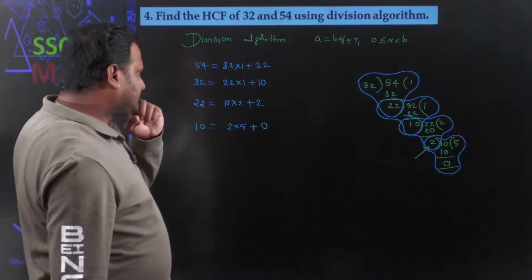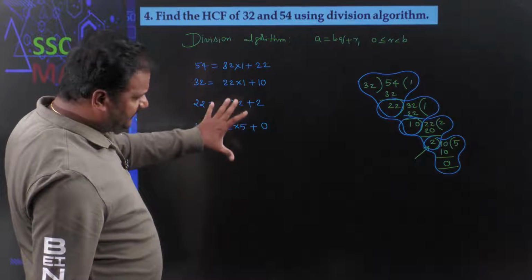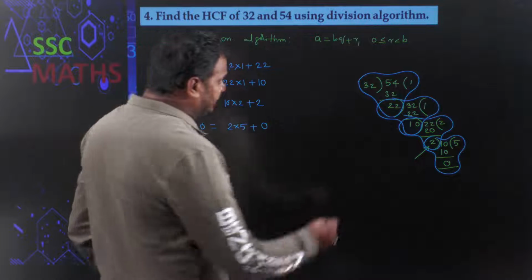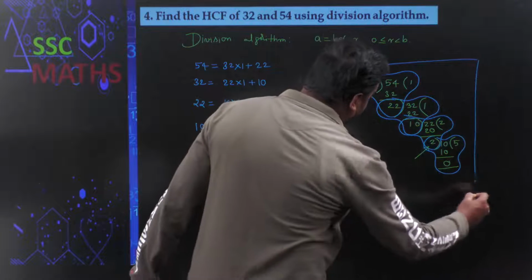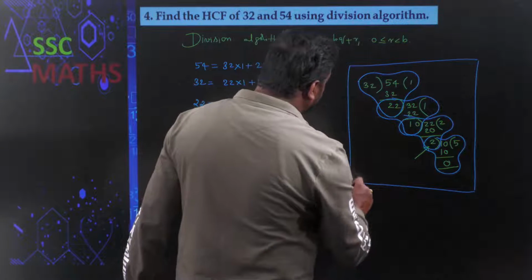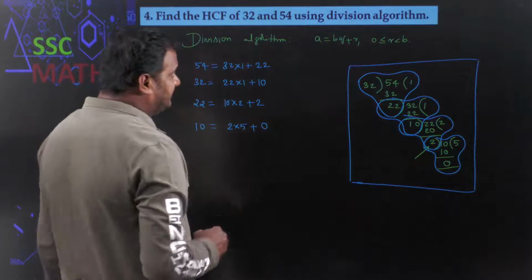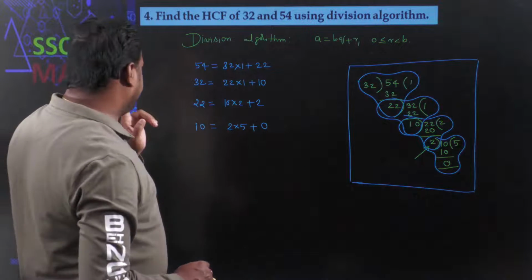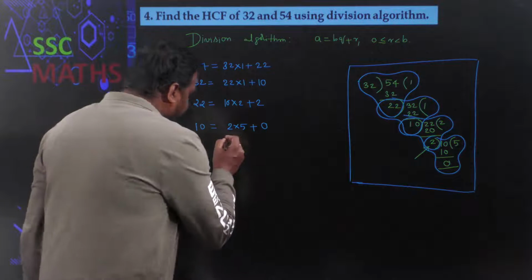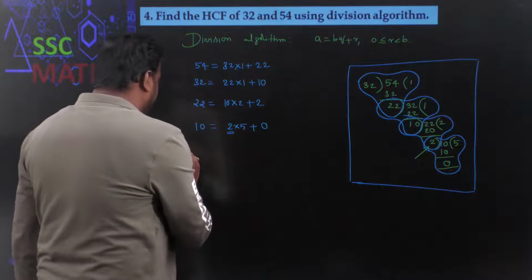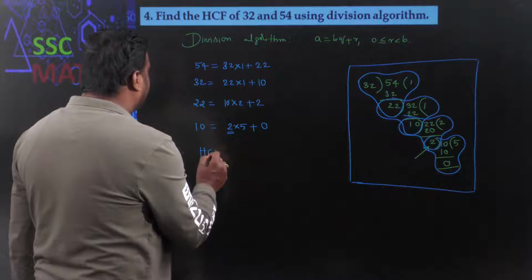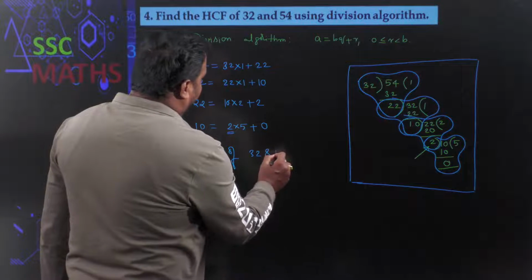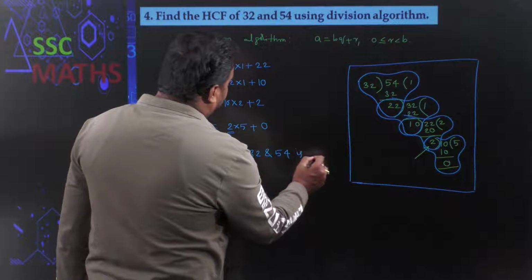So in fact you will have to write these steps without using this, but if you use this, then it would be easier for you to write every single division in division algorithm form, right? So in the last division you get 2 as the divisor, therefore the HCF of 32 and 54 is 2.